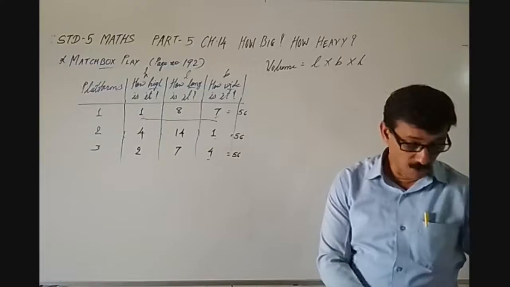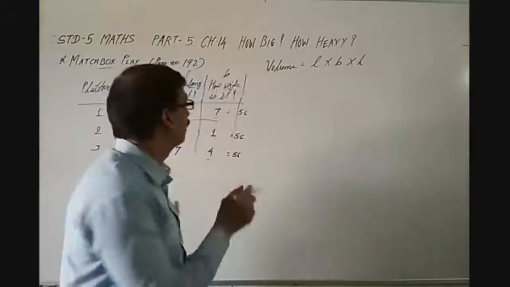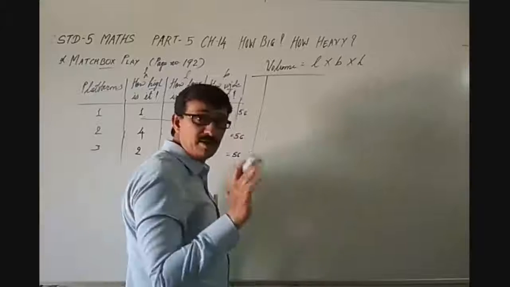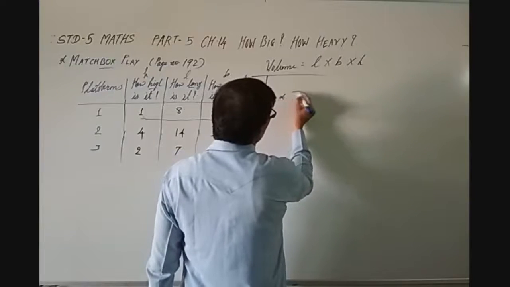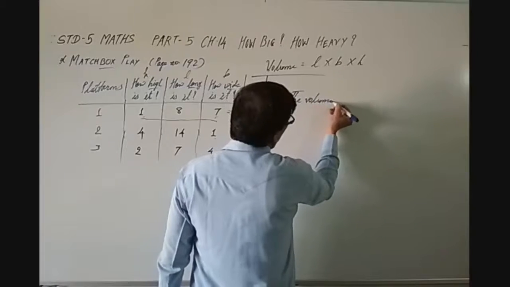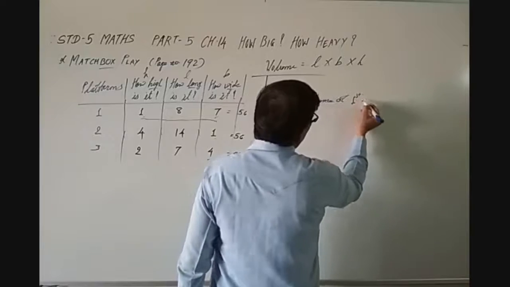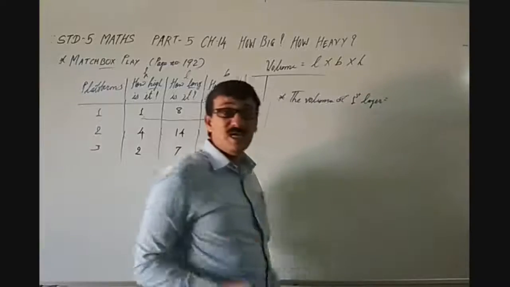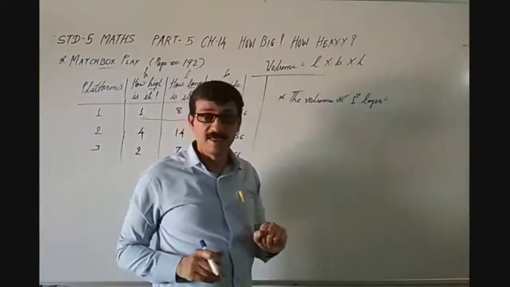So the volume of first layer, let me write particularly. Suppose in that one the volume of first layer is equal to, now volume we know that length, breadth and height, isn't it?